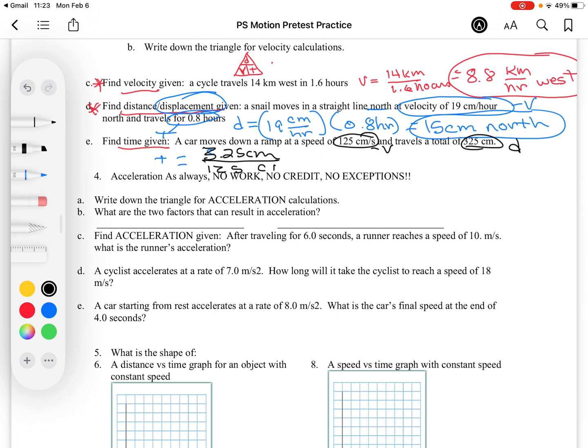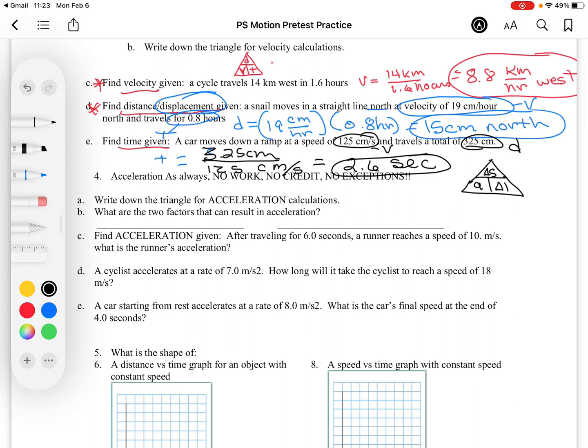I'm not getting a different color. 3.25 centimeters divided by 125 centimeters per second. 325 divided by 125 equals 2.6 seconds. And now time is not a vector, so you don't have to deal with that.